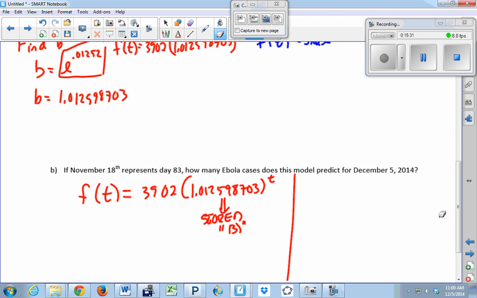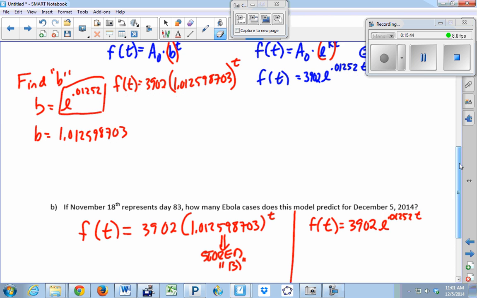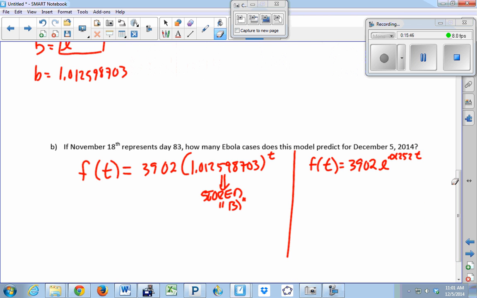And our continuous model was f of t equals 3902 e to the 0.01252t. So if I want to figure out how many actual Ebola cases would be recorded today, December 5th, 2014, I'd have to figure out how many days today is from September 3rd. And it's 100.